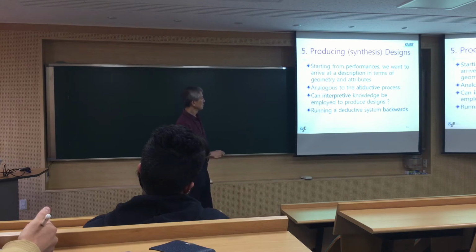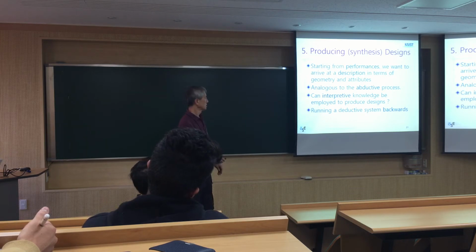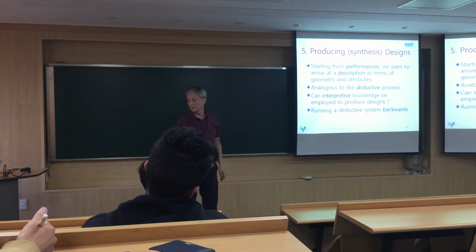That is similar to abduction. So we can use interpretive knowledge for the production of design. Yes, we use it. That is similar to saying the deductive system is going backward, running backward.